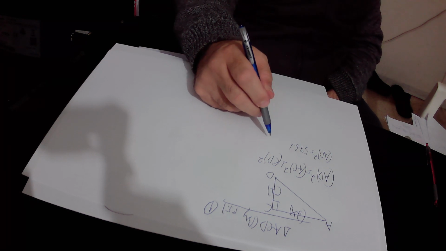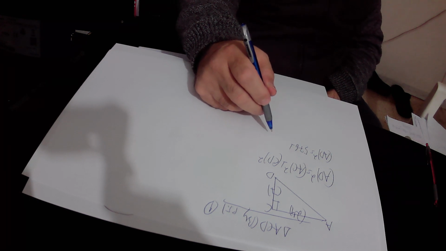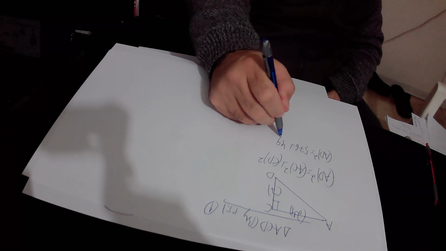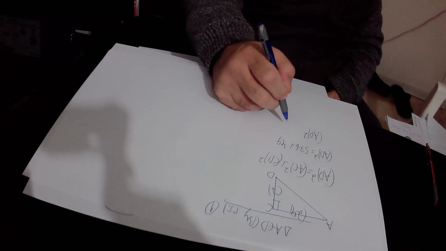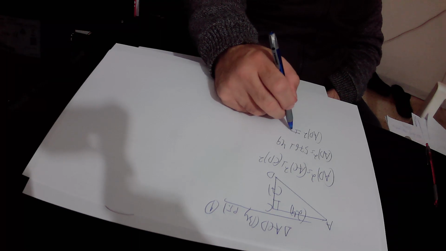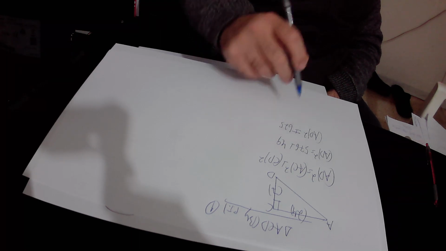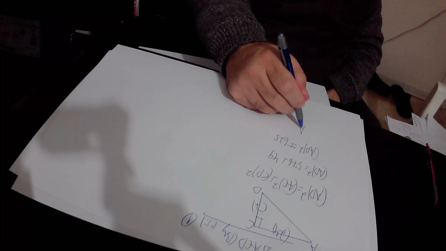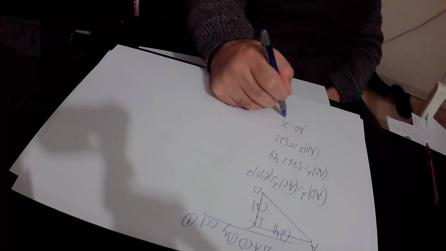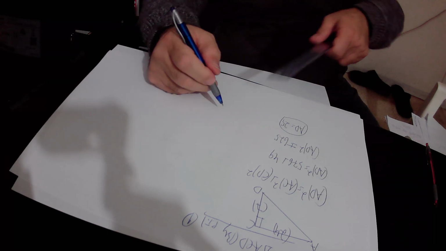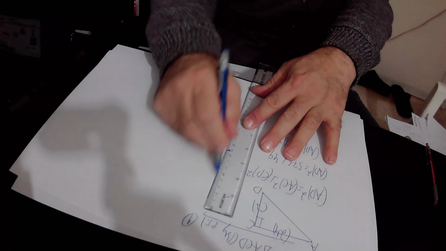CD is 7, so CD square is 7 squared, that is 49. In total AD square equals 576 plus 49, that is 625. Finally we get that AD equals the square root of 625, that is 25. So the hypotenuse AD equals 25 units in length.